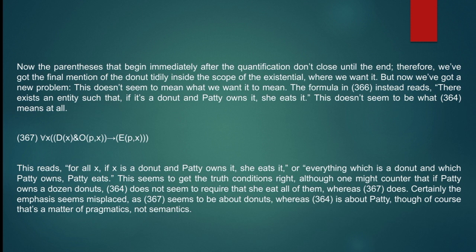So this seems to get the truth conditions right, although one might counter that if Patty owns a dozen donuts, 364 does not seem to require that she eats all of them, whereas 367 does. Certainly the emphasis seems misplaced, as 367 seems to be about donuts, whereas 364 is about Patty, though of course that's a matter of pragmatics, not semantics.